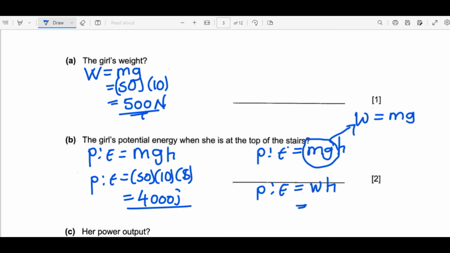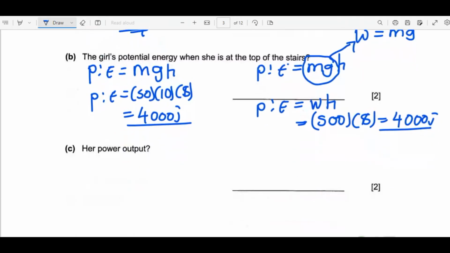Because the weight is 500, we've calculated that, then the height is 8. So if we find the product of 500 and 8, I'm getting the same answer, which is 4,000 joules. I just wanted to show you that the formula for weight is inside the formula of potential energy.